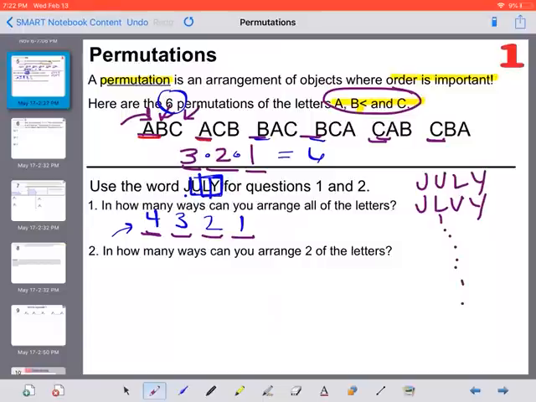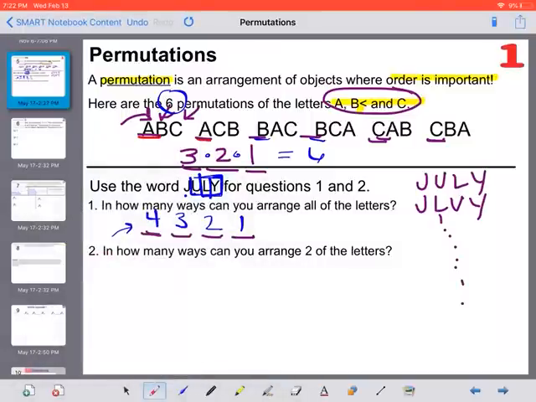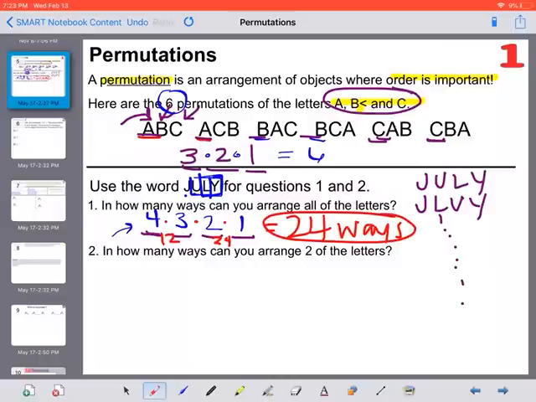So this is a permutation, or figuring out how many ways we can find the number of rearrangements. We are just multiplying these numbers. 4 times 3 is 12, 12 times 2 is 24, and 24 times 1 is still 24. So there are 24 different ways we could arrange those 4 letters, J, U, L, and Y.